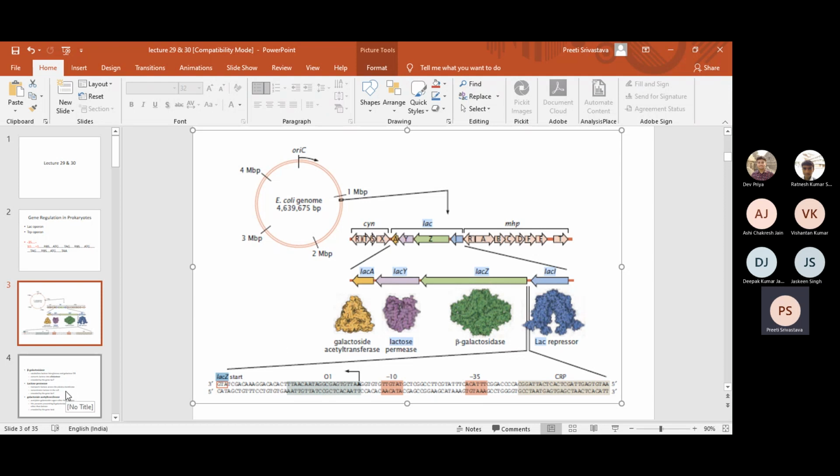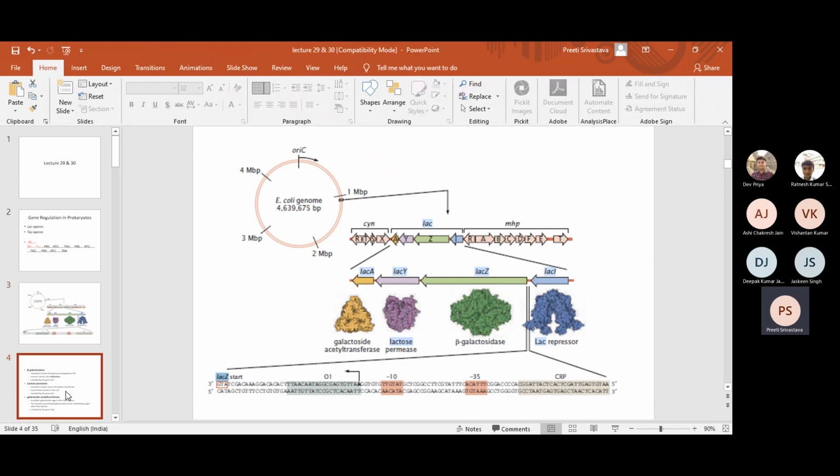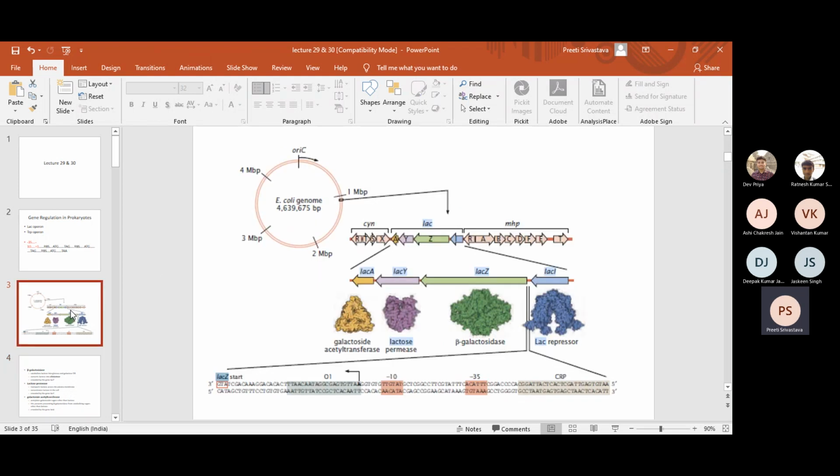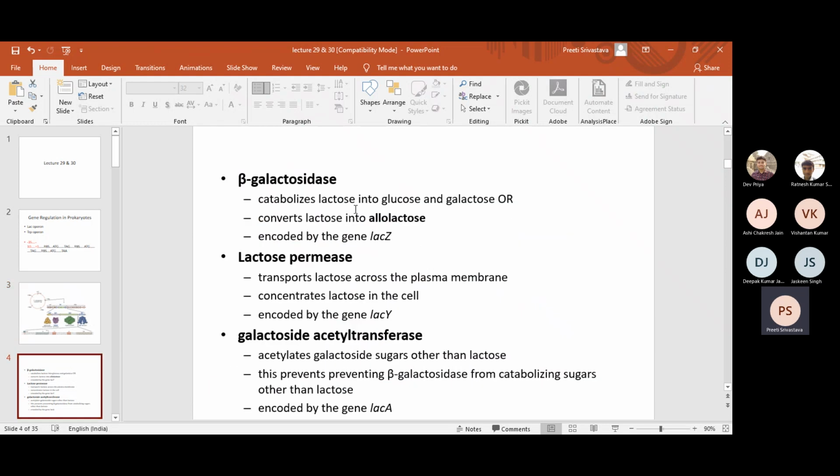So let us see the functions of the three enzymes. Beta galactosidase catabolizes lactose, because it's the lac operon, so it is for lactose metabolism. Catabolic means breakdown. So it breaks down lactose into glucose and galactose, but sometimes it converts lactose to allolactose as well.